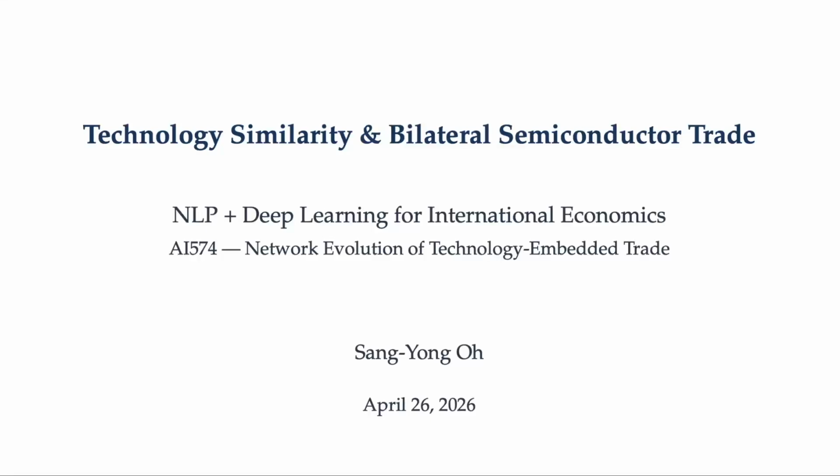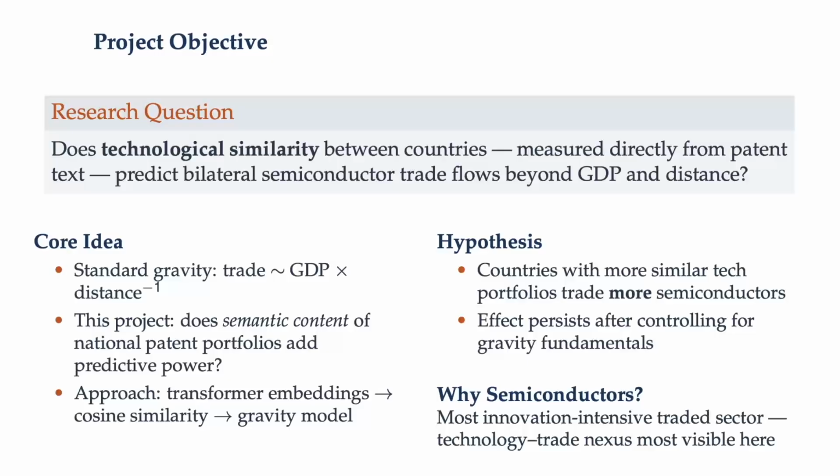Let's get started. The main research question in this project is: does technological similarity between countries predict bilateral semiconductor trade flows beyond GDP and distance? So the idea starts from the classical gravity model in the trade field.